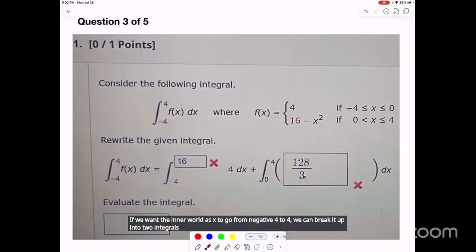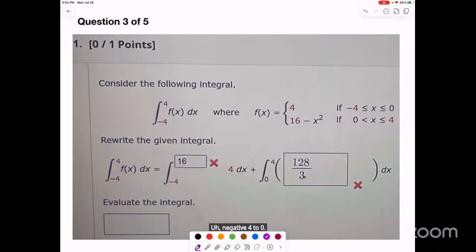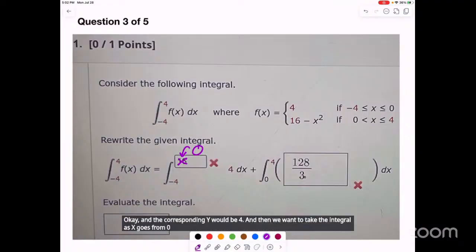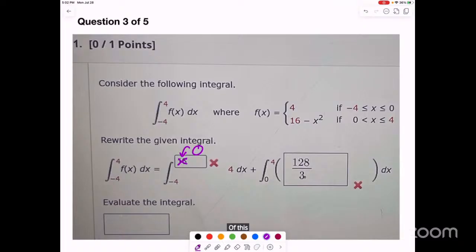The first integral will be as x goes from -4 to 0, and that corresponding y would be 4. And then we want to take the integral as x goes from 0 to 4 of 16 minus x squared.